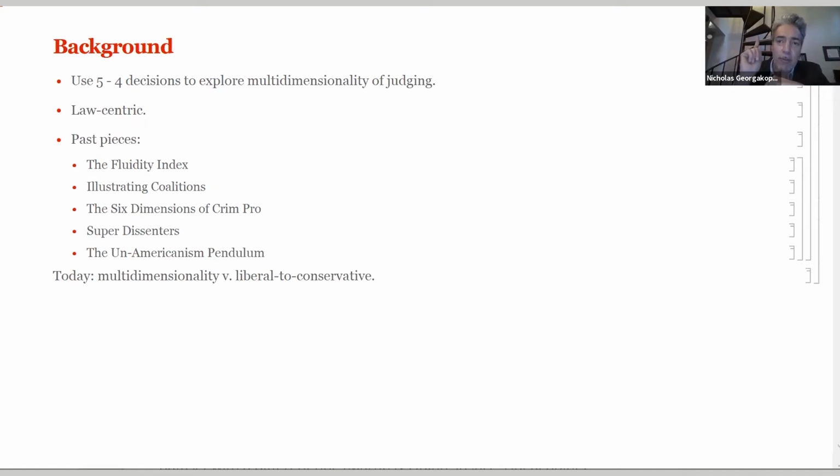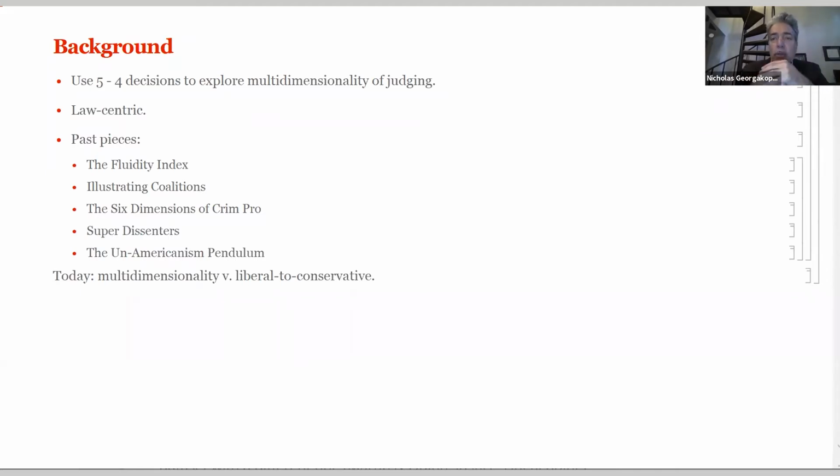If they only form one coalition of 5, Judge A with Judge B, C, D, and E are always the 5, and the other 4 are always the minority, that is the one extreme of the index.